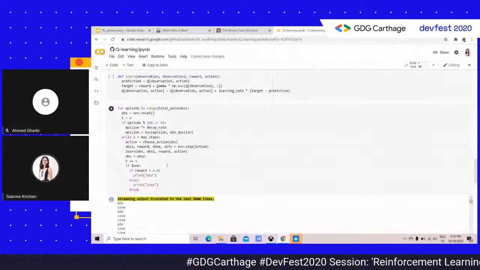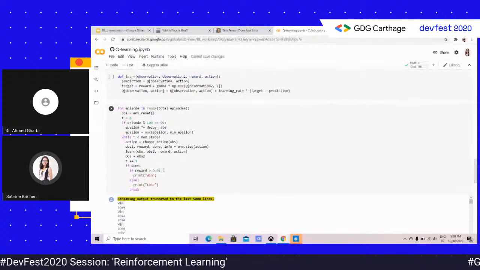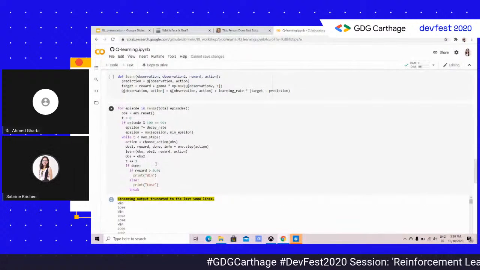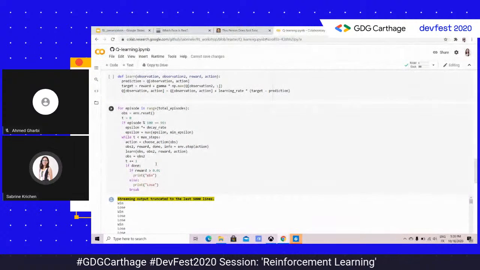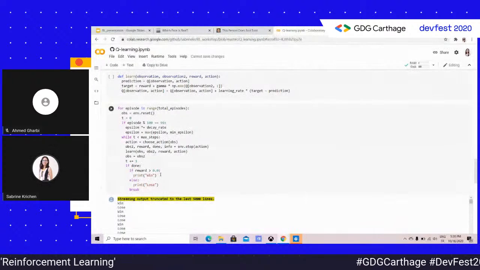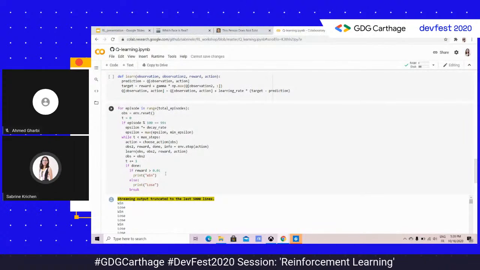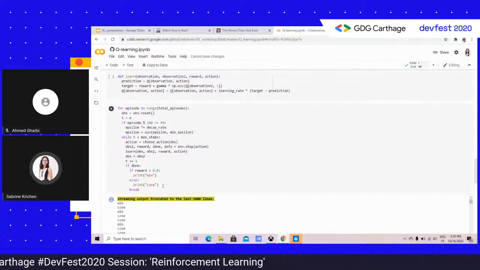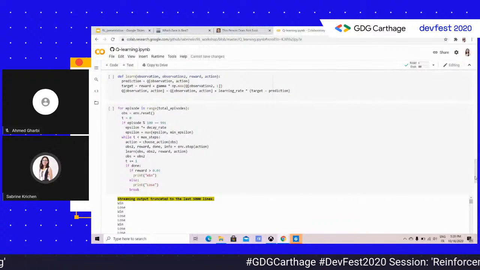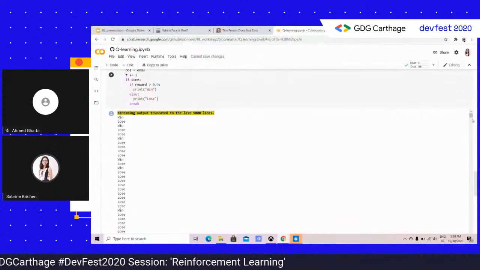Then if done, so if the reward is higher than 0, it means that the agent is winning this episode, because when he is in bad locations, he will get -1 or -10. Else it means that he's losing this episode.